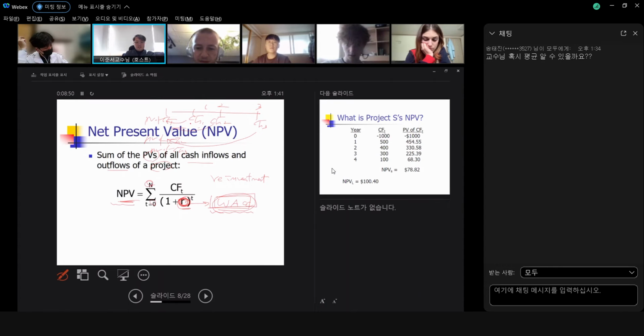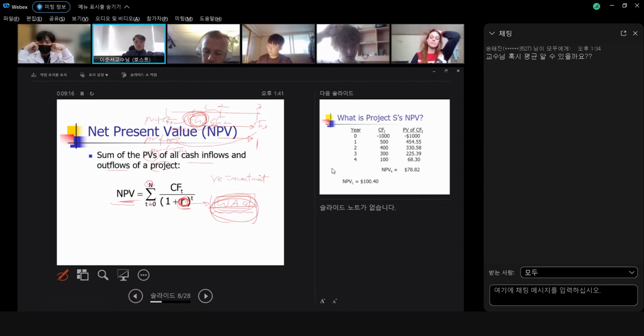Which is the same as saying this cash flow can be reinvested. If we receive the cash flow at time one, then this cash flow can be reinvested during the second year and third year at WACC until the maturity of this project. The same meaning, okay?